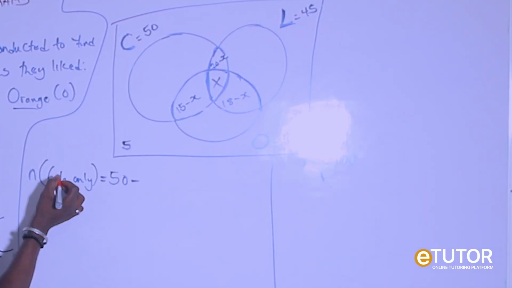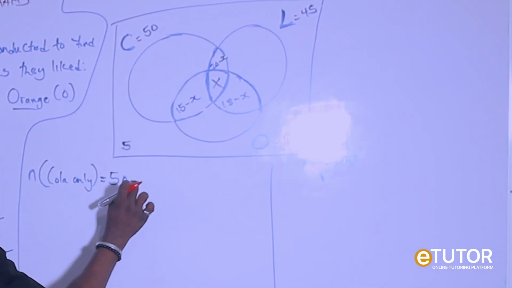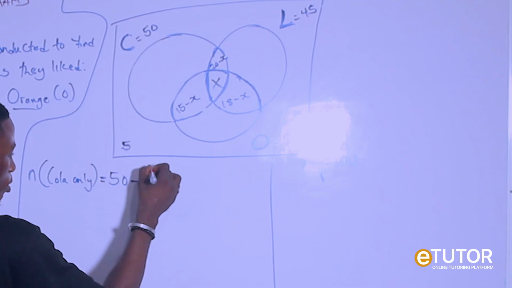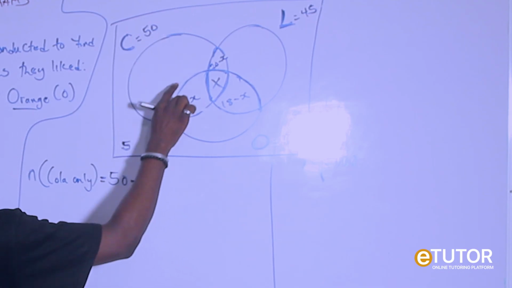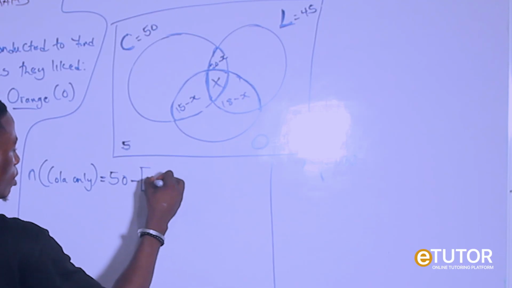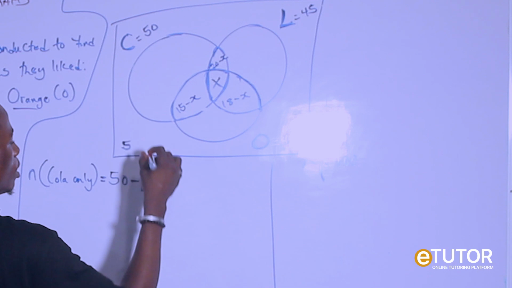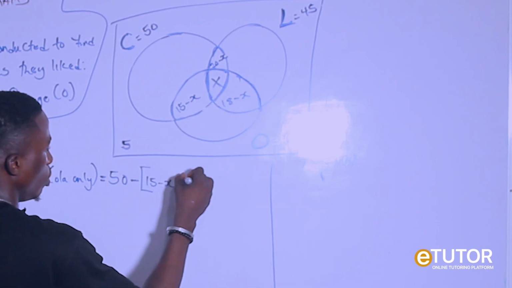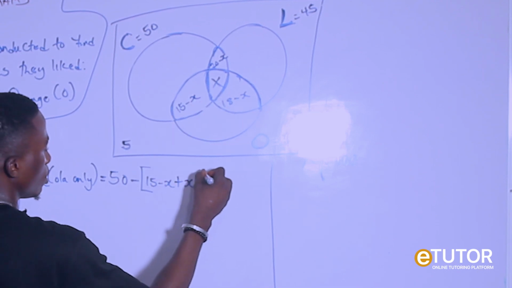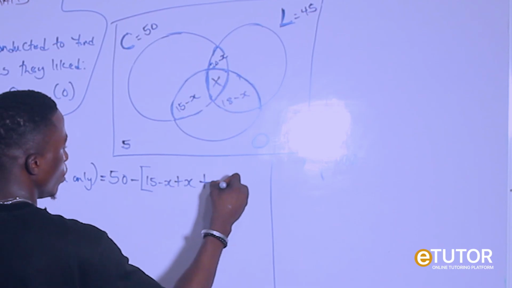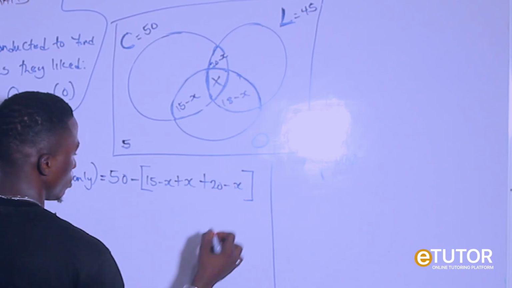To find the number of people that liked cola only, that will be just 50 minus, put in a bracket, 15 minus x plus 20 minus x. We are going to add these together and subtract from 50.